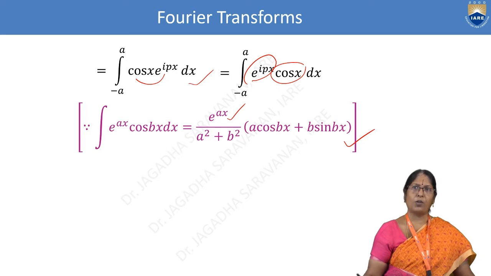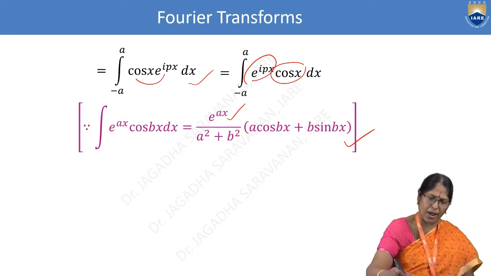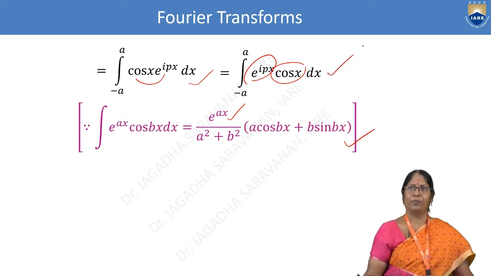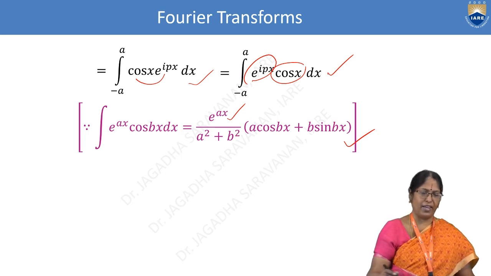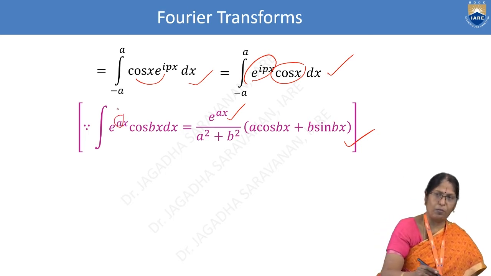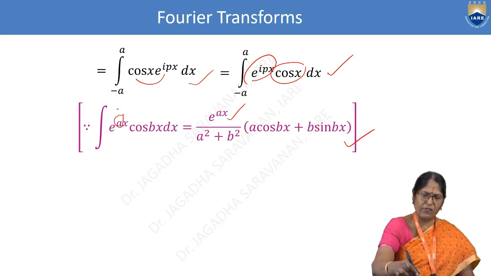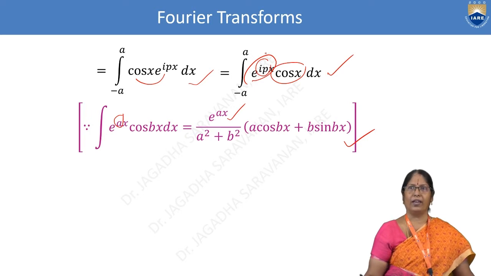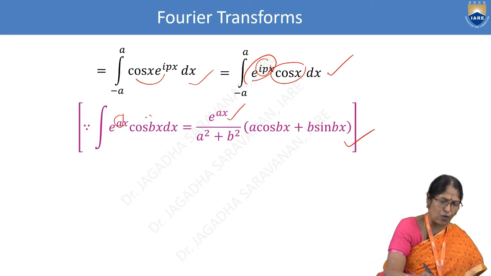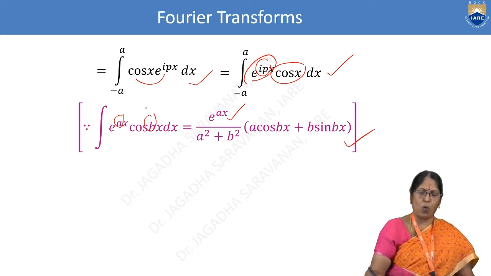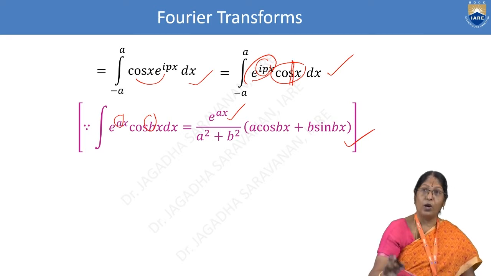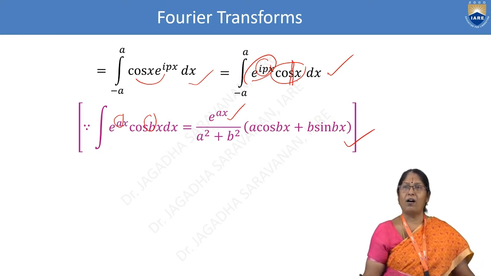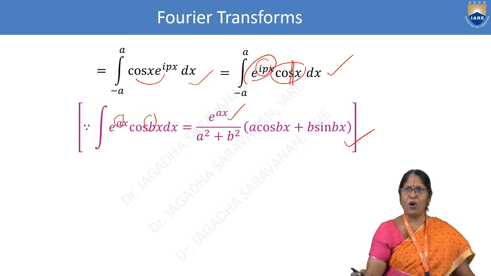Now, this formula we will compare with our problem. What is A? In our problem, in the A place, ip is there. In the formula, B is there. What about our problem? 1 is there, cos x, by default cos 1x.